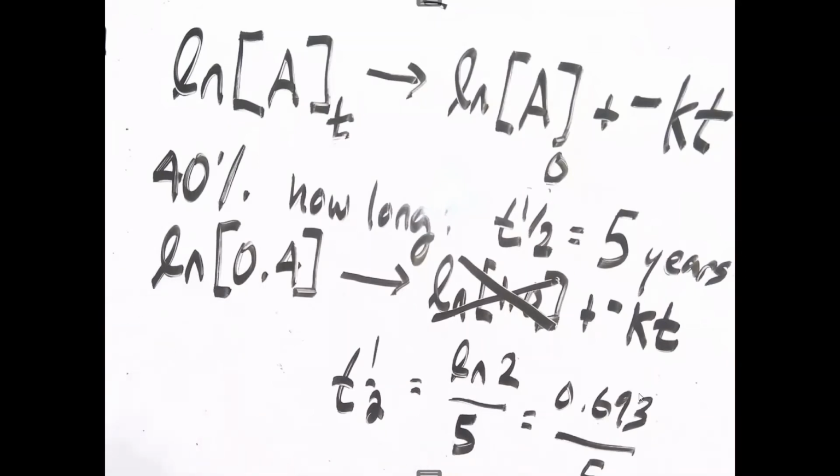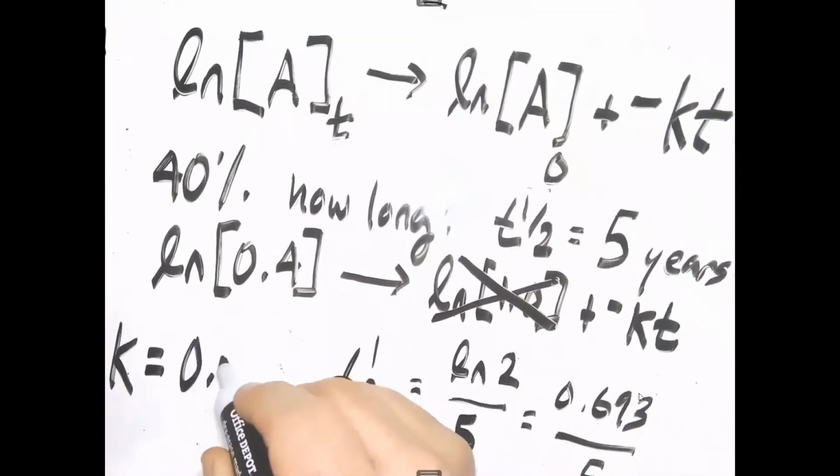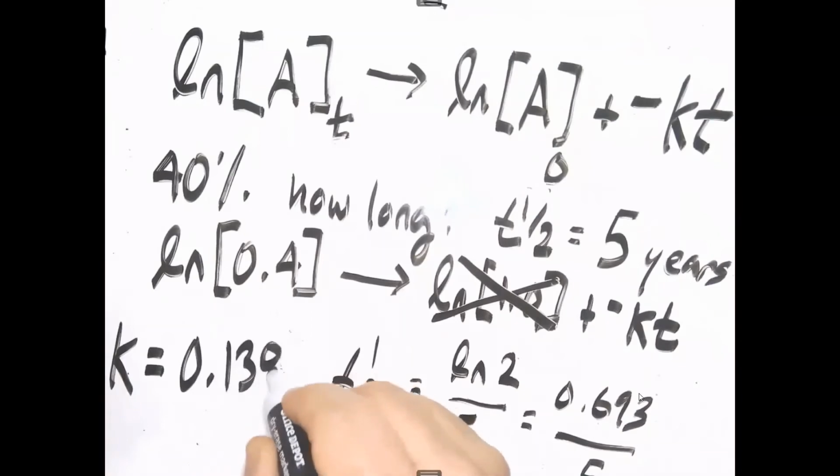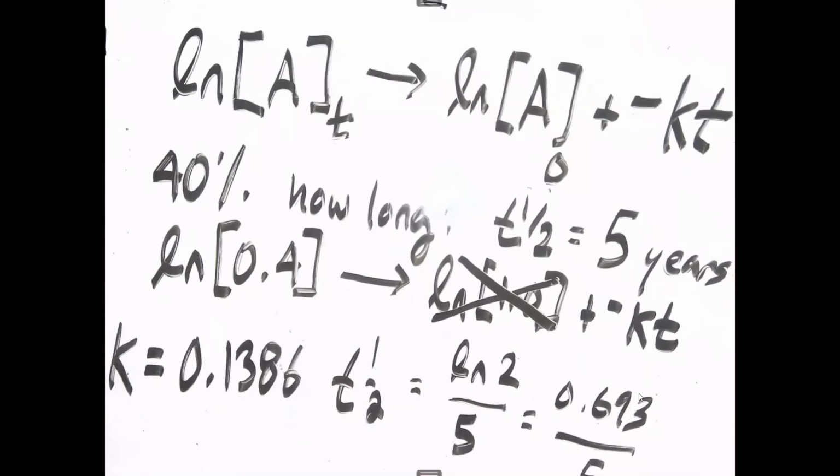And we're going to get this value. It's going to tell us that k is 0.1386. Okay, so we needed k to do this problem. And just remember, k here is going to be 0.1386.